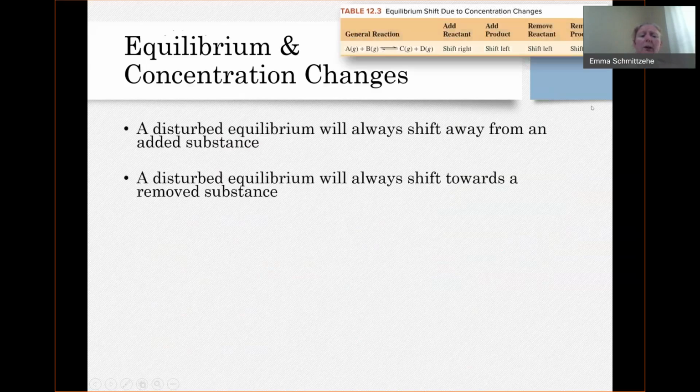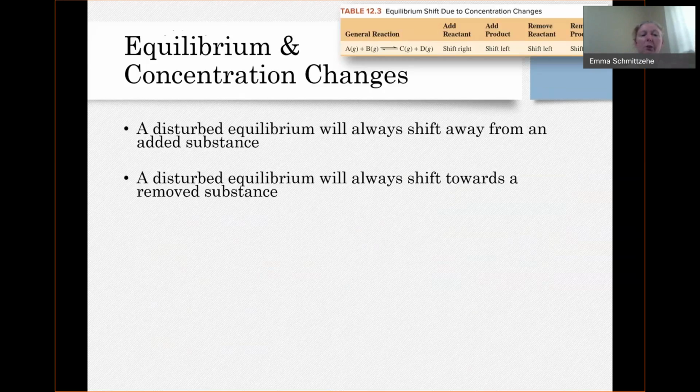But if we add a substance, then your equilibrium is always going to shift away from that added substance. Okay, so if you add more of something, now it throws off your ratio. Okay, so initially your ratio was where it needed to be, but if you add something, the reaction needs to try to get rid of some of it because the ratio is not right anymore.